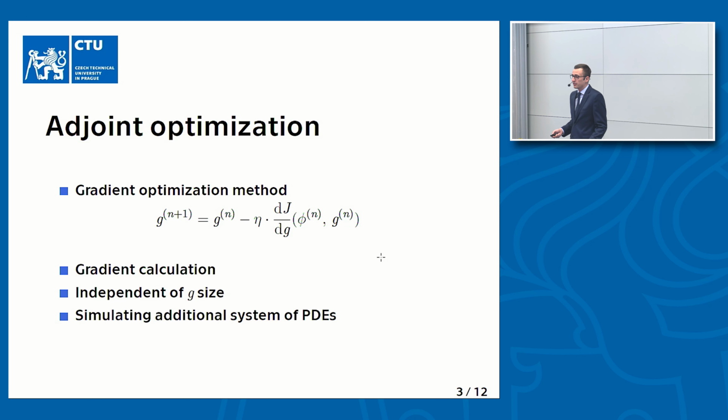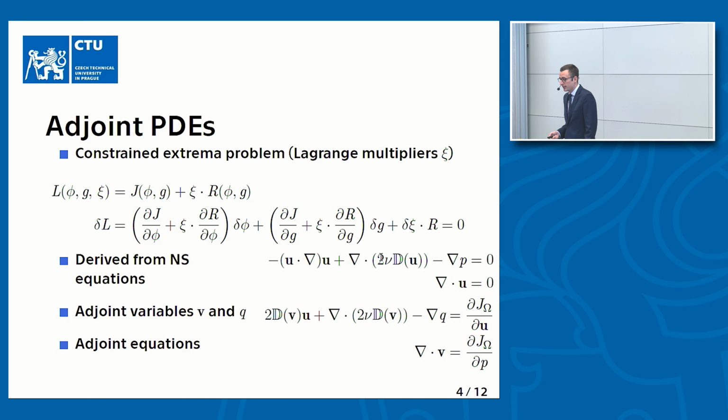In comparison to, for example, finite differences, which are usually used to approximate this gradient, the adjoint method has a big advantage in the sense that the computational time to approximate this gradient is independent of the number of design parameters. This is very favorable for our problem of shape optimization. However, it requires simulating or solving a new set of partial differential equations, and we will see why now.